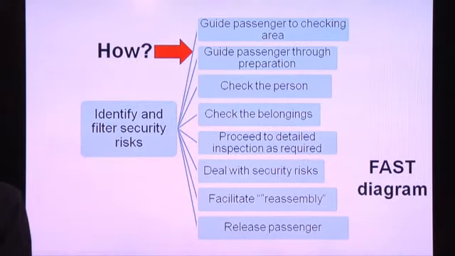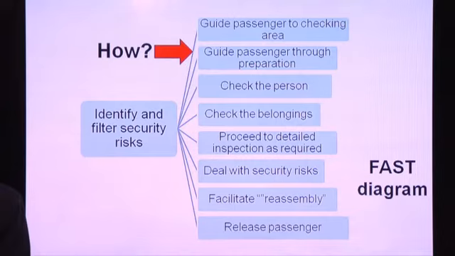You can further break open any of these level 2 sub-processes, as they are called. For example, check the belongings. How? Gather the person's belongings, open the person's belongings, check each individual item for security risk, place back each item in their container, close the container.